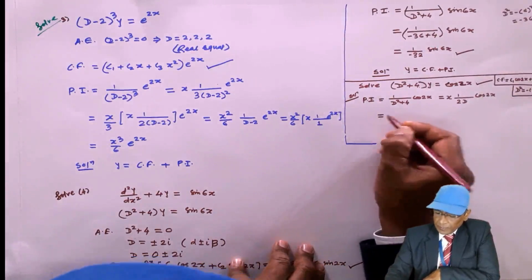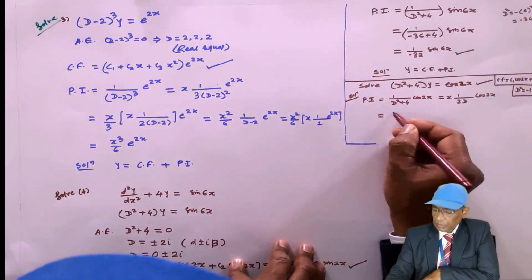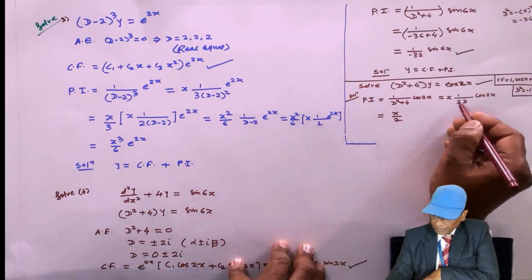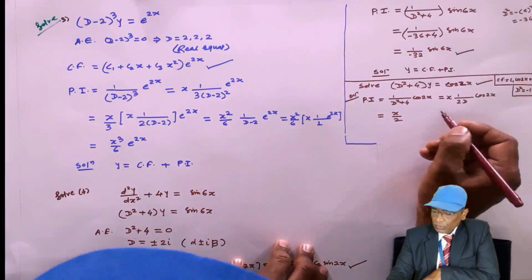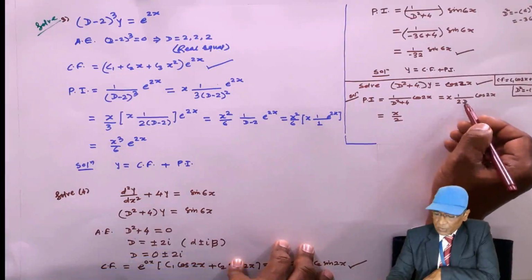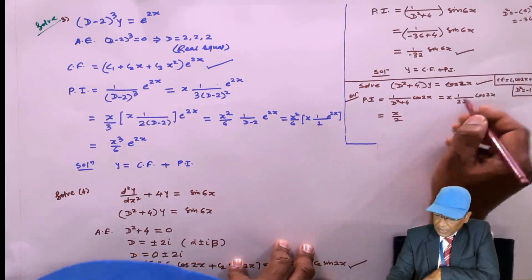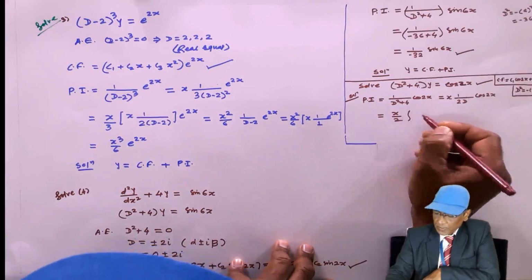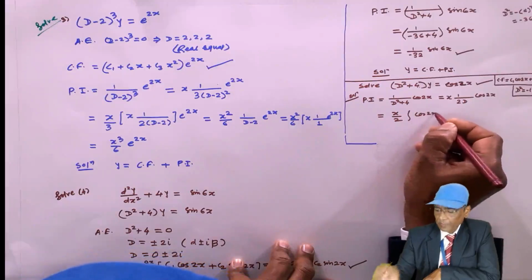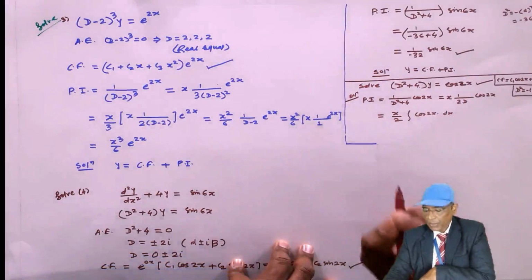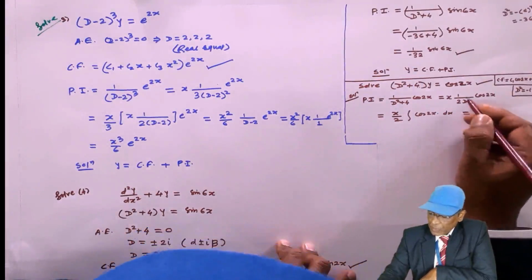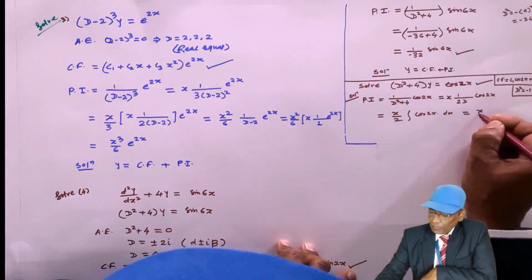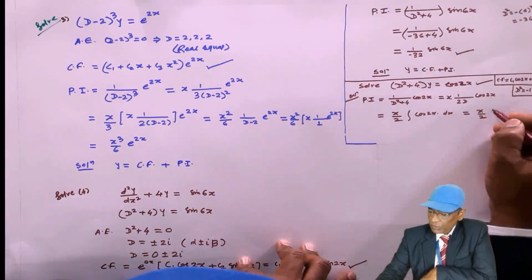Now particular integral: x by 2, a multiplicative constant, you can take outside of the operator. As I told you, D is derivative with respect to x, and 1 by D is simply integration with respect to x. This dx I have written because we are integrating with respect to x. 1 by D is integration, x by 2, integration of cos 2x is what?